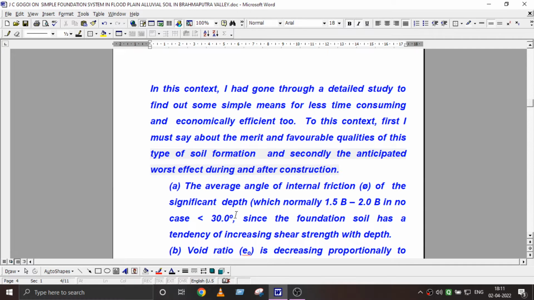So under no case shall the angle be less than 30 degrees.